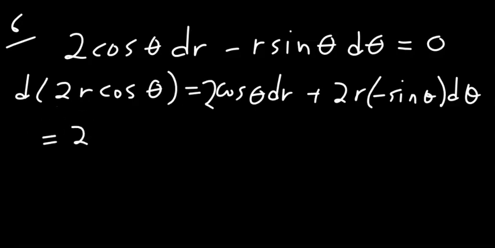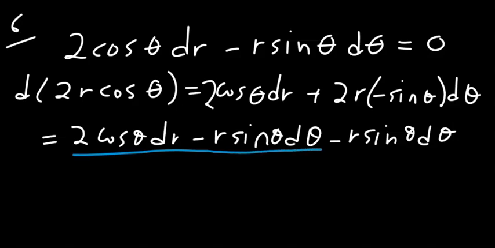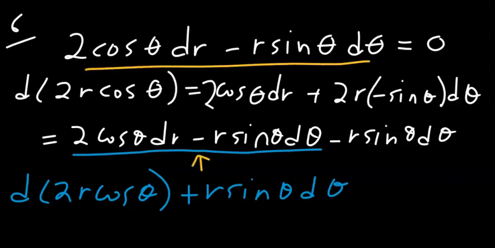So we can write the above line as 2 cosine theta dr minus 2r sine theta d theta minus r sine theta d theta. You immediately see 2 cosine theta dr minus r sine theta d theta is just the differential of 2r cosine theta plus r sine theta d theta. And this is exactly what you have in the problem.